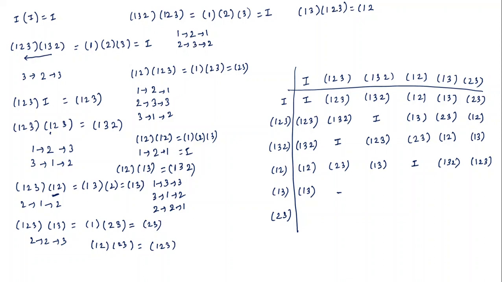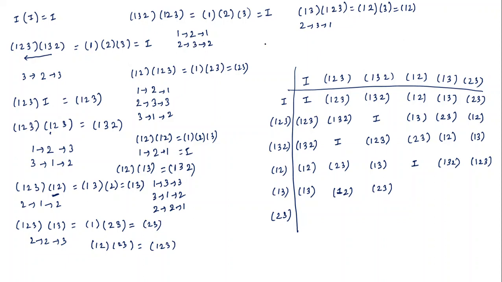Now 2 is mapped to 3, 3 is mapped to 1. So 2 will be mapped to itself and you will find 3 is kept fixed. So this is what we will get, (1 2). Okay, so this is (1 2), and here you will find it will be actually nothing but (2 3).